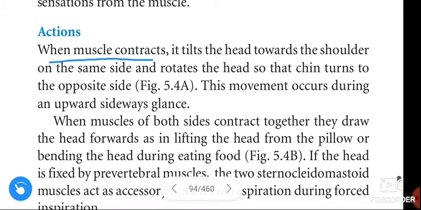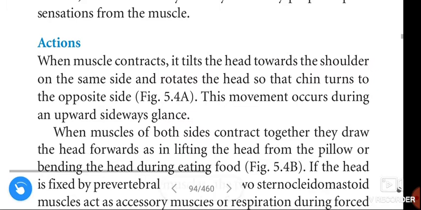When the muscle contracts, it tilts the head toward the shoulder on the same side and rotates the head so that the chin turns to the opposite side. This movement occurs during an upward sideways glance. Understand clearly here, guys.